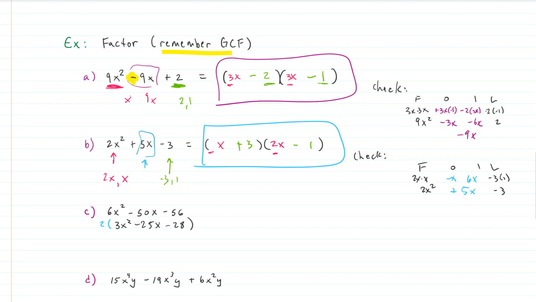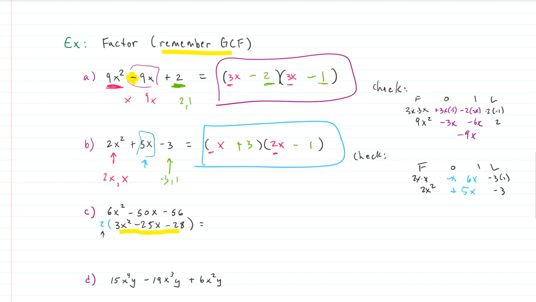Okay. So we're going to factor this now. And there's always going to be a 2 out front, but it's okay. We're going to factor the rest. We're going to factor 3x squared minus 25x minus 28.